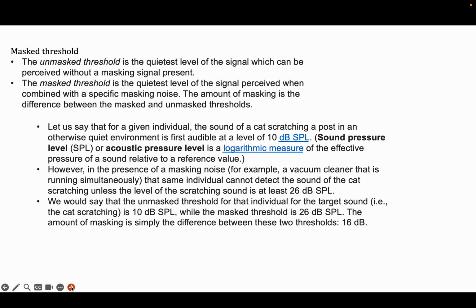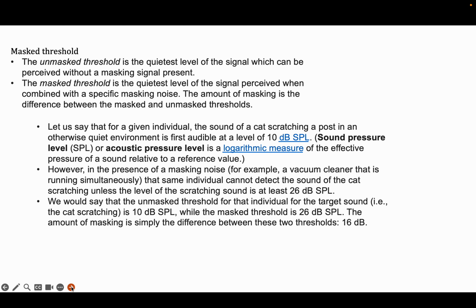So let's talk about the masked threshold. An unmasked threshold is the quietest level of the signal that can be perceived without a masking signal present, while the masked threshold is the quietest level of the signal perceived when combined with a specific masking noise. So the amount of masking is the difference between the masked and the unmasked thresholds.